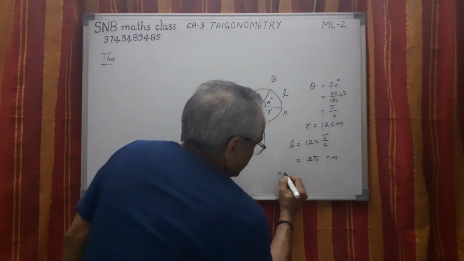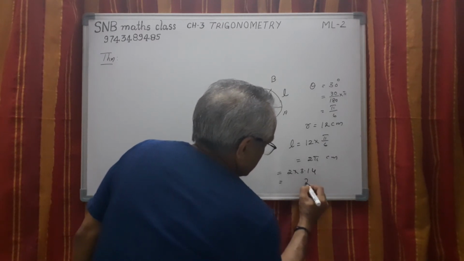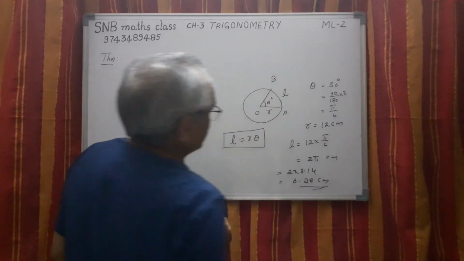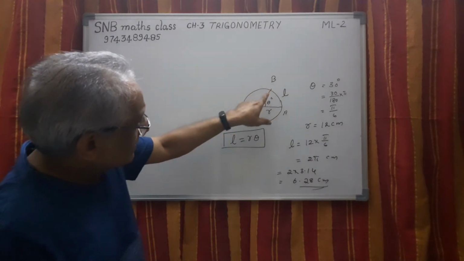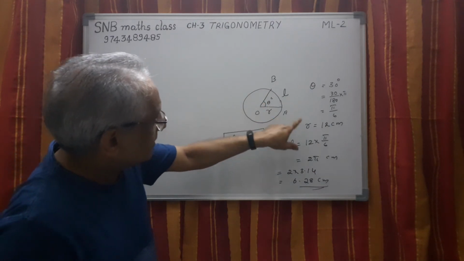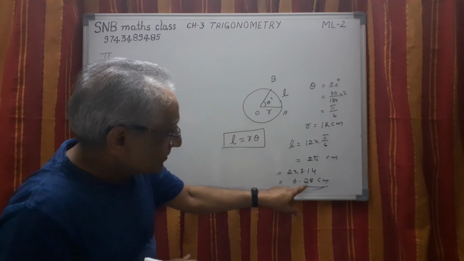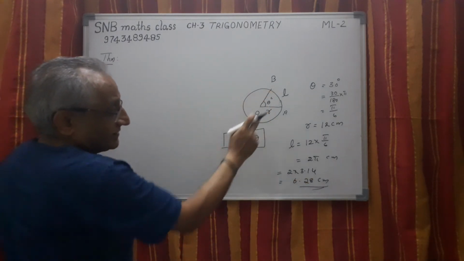I can take this as 2 into 3.14. So it is 6.28 centimeter. That means if the radius is 12 centimeter and the angle subtended here is 30 degree, the length of the arc is 6.28 centimeter. This is the connection between arc length and radius.